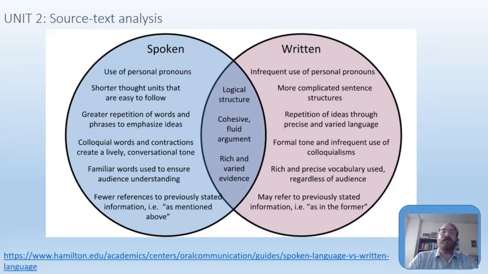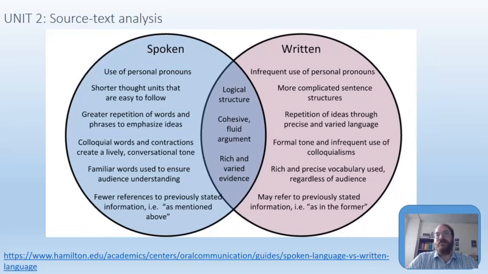Once the sentence is said, it's said and it enters your memory, whereas a written text is something you can move about freely. If you didn't understand something, you can go back. If you come to something and you want more context on it, you can go forward.